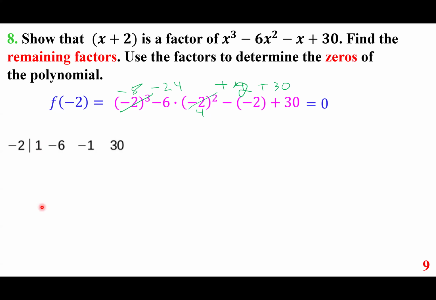Dividing by negative 2, 1 drops. Then you multiply it by negative 2. You add it to this one, you get negative 8, and you continue. So I'm going to assume everybody can easily finish that.